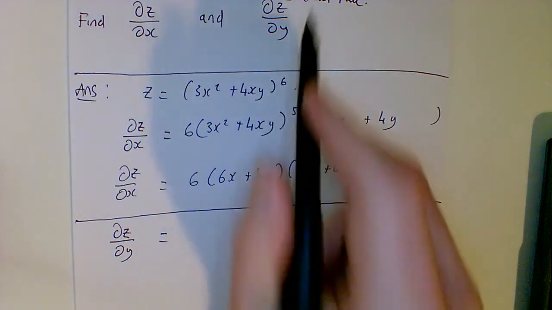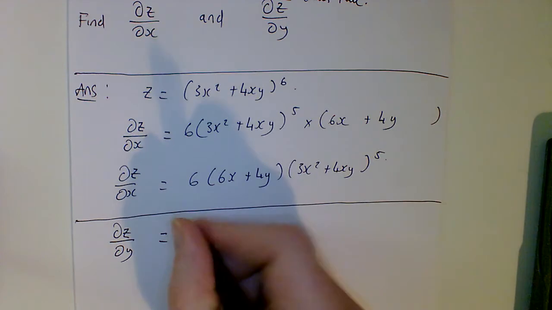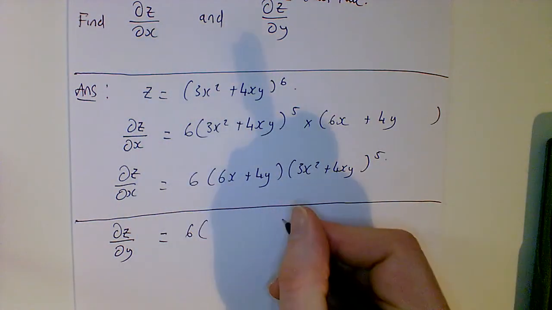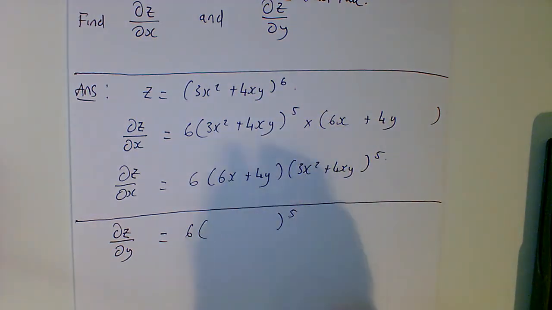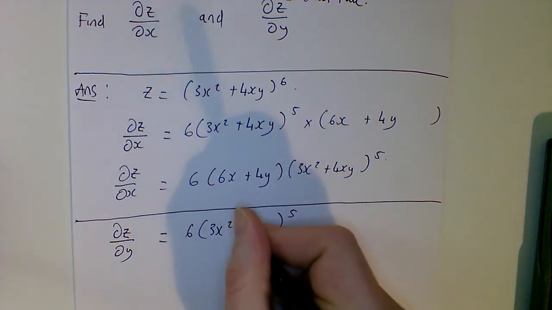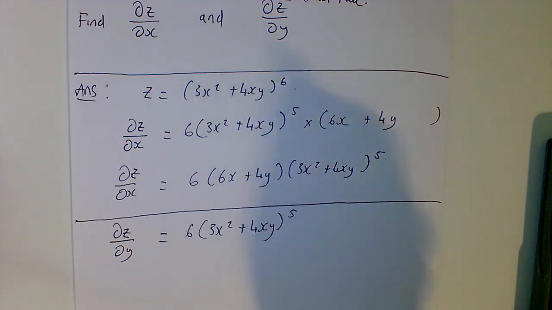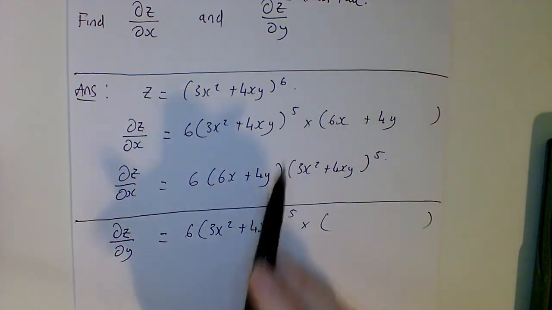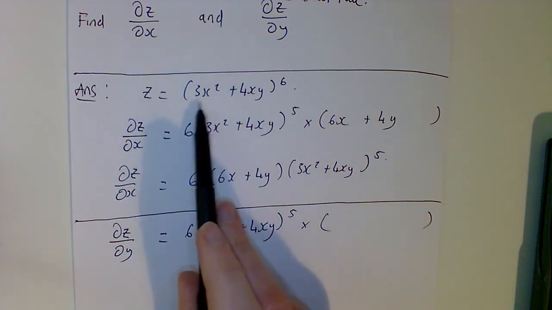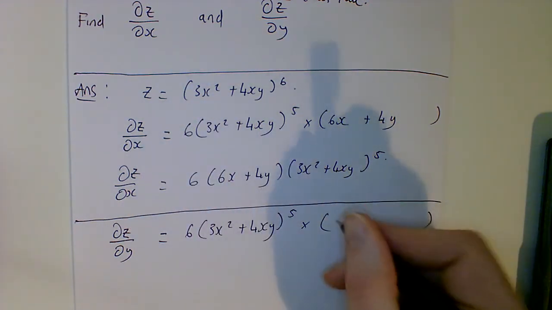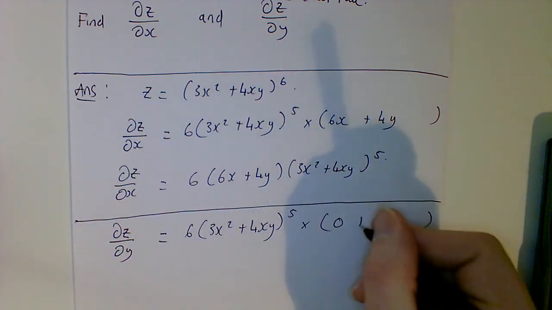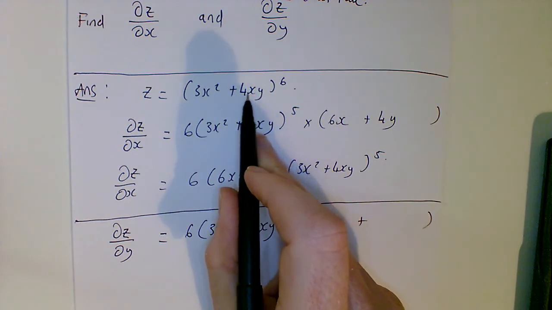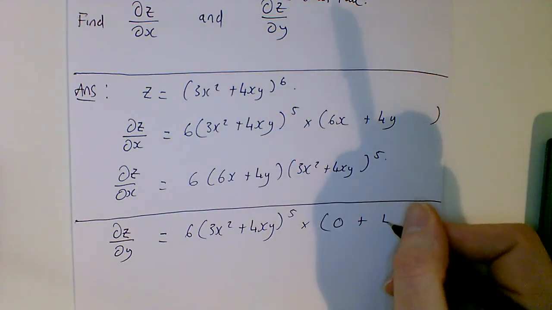Same thing again, you imagine the inside of the bracket is the big y, so that's going to be 6 bracket to the power of 5, and the bracket stays the same. Multiply by what you get if you differentiate the inside of your bracket. If you differentiate the 3x squared with respect to y, that just becomes 0. If I differentiate the 4xy with respect to y, that just becomes 1, and the x is a constant, so that just becomes 4x.